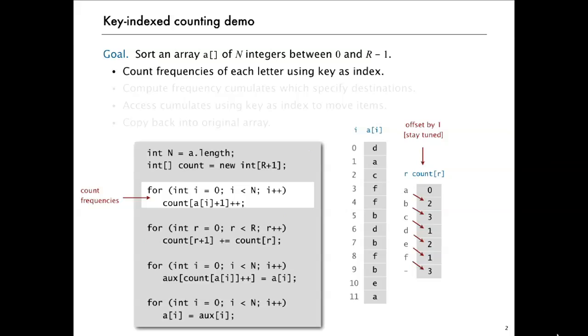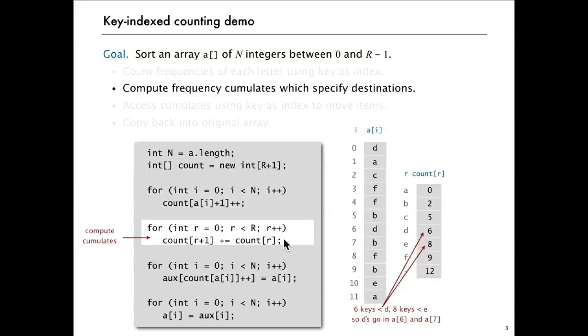And that's just obtained by, we start with 2, add 3 to it to get 5, add 1 to it to get 6. And with that one pass through the count array, then we can find out, for example, there's 6 keys less than D and 8 keys less than E. And those cumulates tell us where the D's go in the output.